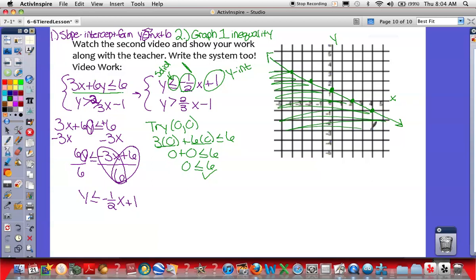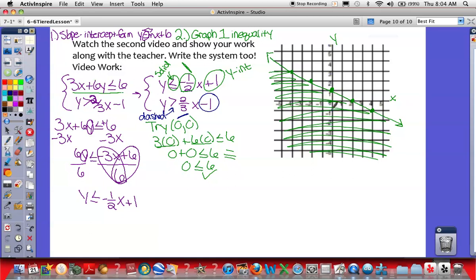Now, if you don't have two separate colors, I would suggest maybe doing horizontal lines for this one, vertical lines for the next one. Now we're going to go ahead and graph our second line. Our second line has a y-intercept of negative 1, a positive slope, it's going up, and we also know that it's dashed. It's a very dashing line.